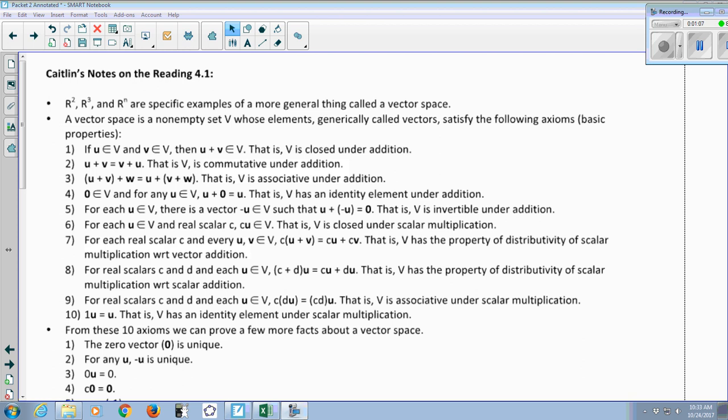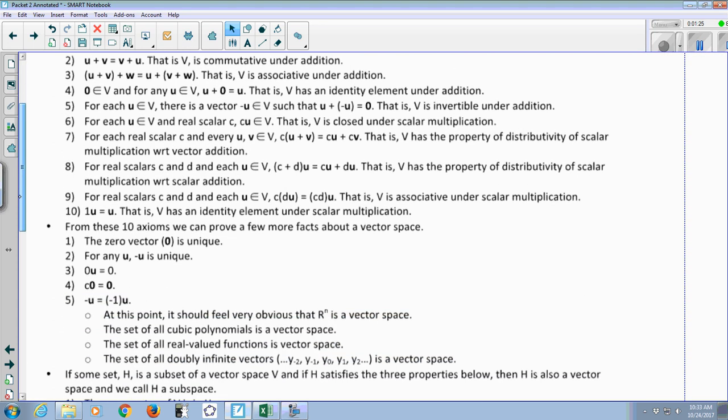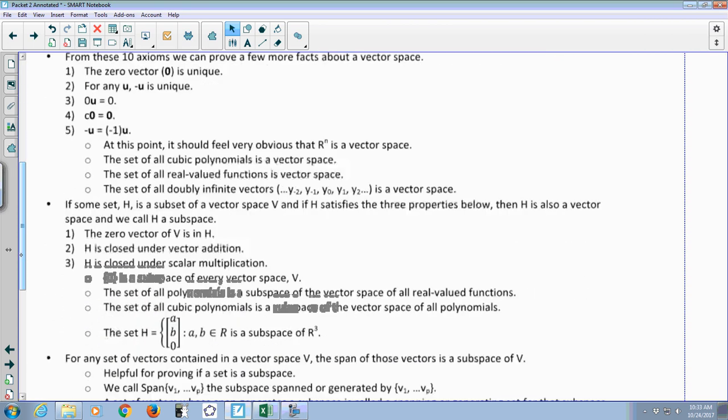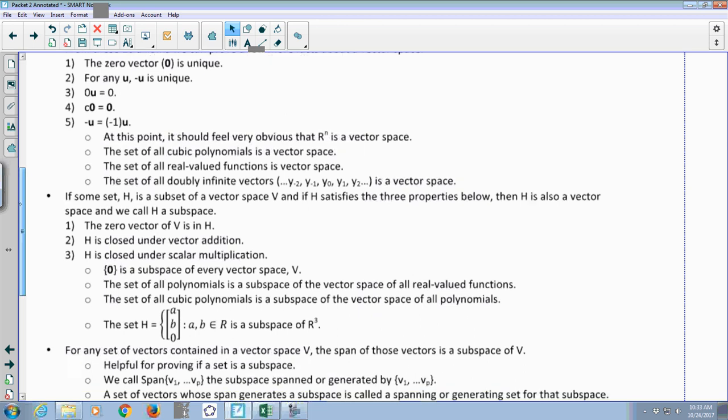The first several are the most classic, the things you look for first if you want to know if something's a vector space, because you'll see a failure earlier. But all 10 of these have to be true for something to be a vector space. From those 10 axioms, there are a few more facts about vector spaces.